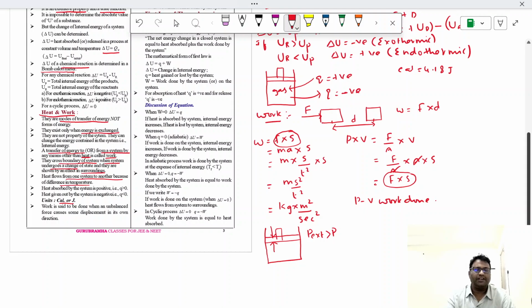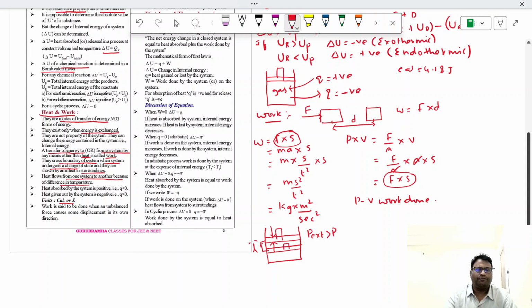There will be compression of the gas. The piston moves into the cylinder and the volume decreases. Let us consider the piston is moving through a displacement of L or d, whatever it is.